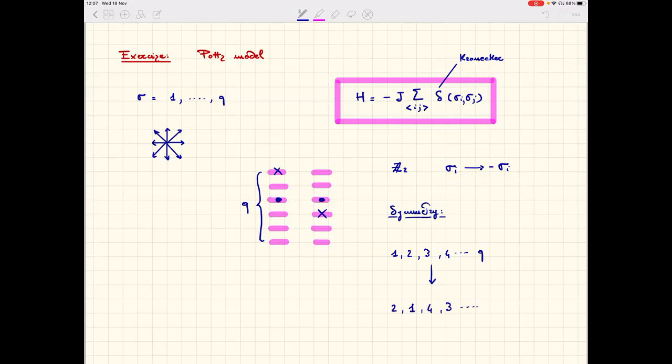If they were equal before the permutation, they will be equal also after the permutation. If they were different before the permutation, they will be different also after the permutation, if I apply the same permutation to all sites, of course. And therefore, this is a symmetry. So the symmetry group of this model is not inversion like Ising, but is all possible permutations of q elements.